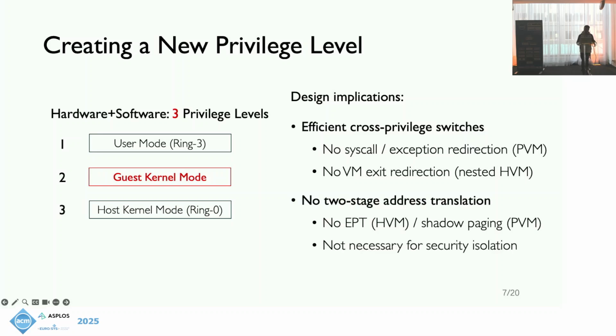Second, the new level should enforce memory isolation between the containers without implementing the abstraction of two-stage address translation, to avoid the overhead of EPT shadowing or shadow paging. This abstraction is designed to provide a unified physical address space for arbitrary general-purpose virtual machines, but it is not necessary for the security isolation of containers.